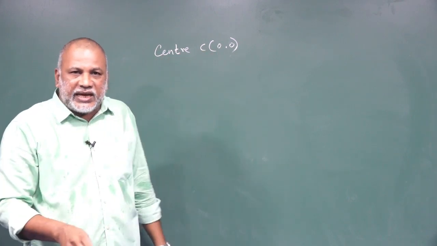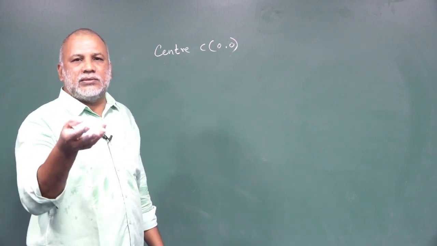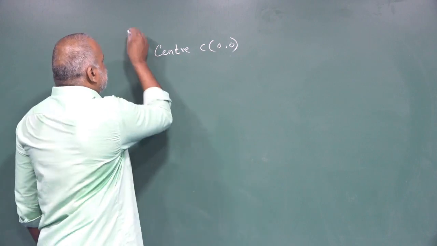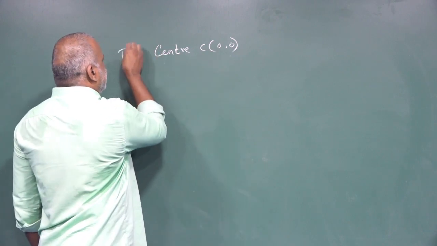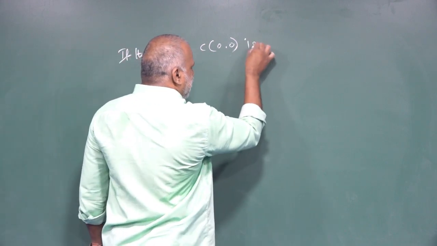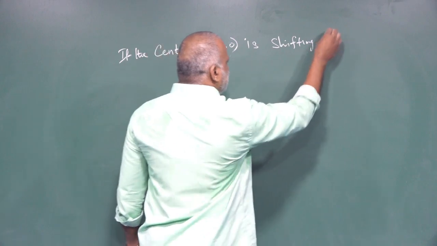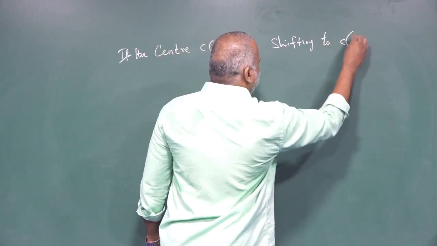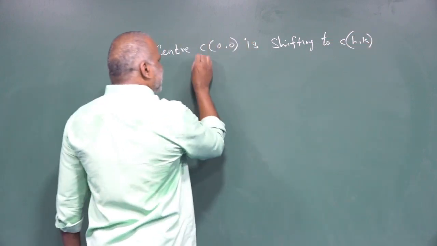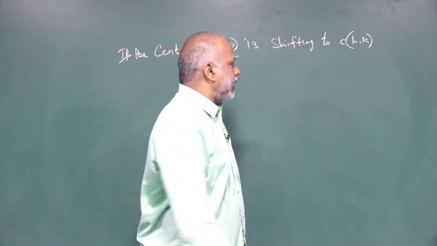Instead, the center is shifting from some other place to (h, k). So if the center C(0, 0) is shifting to (h, k), instead of the center, it is shifting to some other point (h, k).